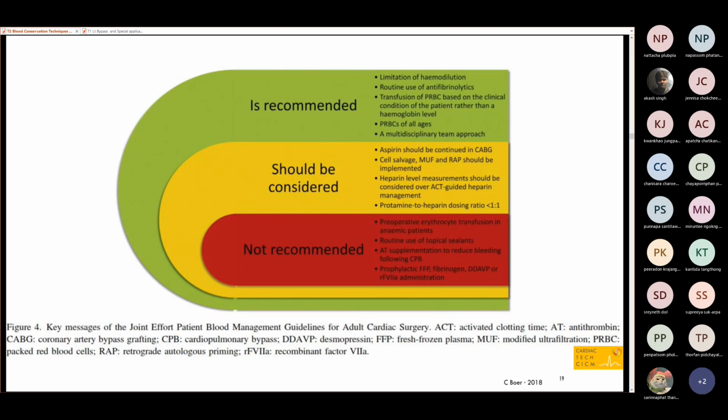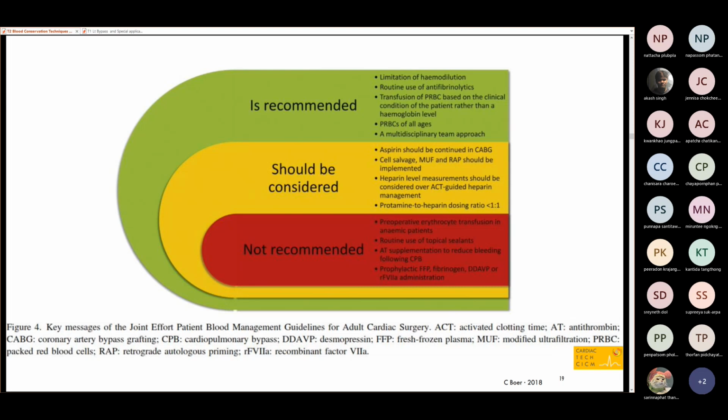Yes, so we measure the hematocrit or hemoglobin level during the CPB, but we also need to consider the patient's condition at that time, because sometimes the hemoglobin level is low from other factors, so we need to find the right reasons and causes that make the hemoglobin level drop.